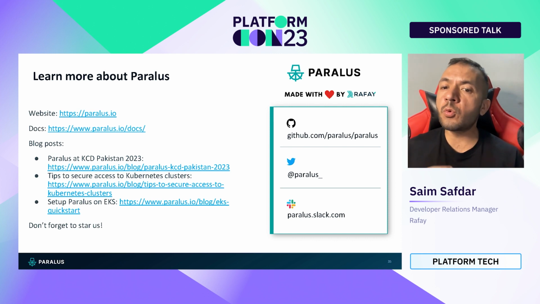We have given you some tips to secure Kubernetes cluster access, and we have different blogs available for EKS, GKE, AKS. We are also listed on the DigitalOcean Marketplace, and there's so much more to unpack, but we're running short of time, and that's where I should stop.